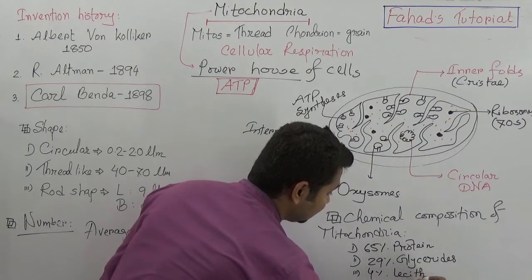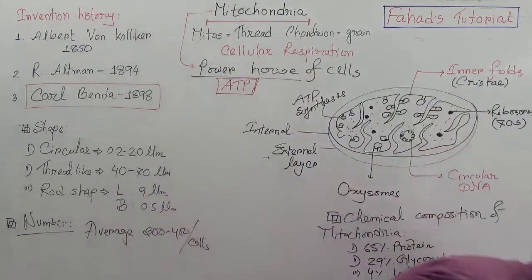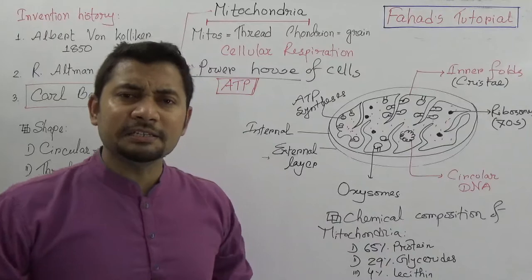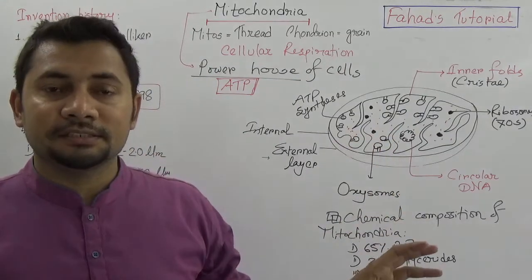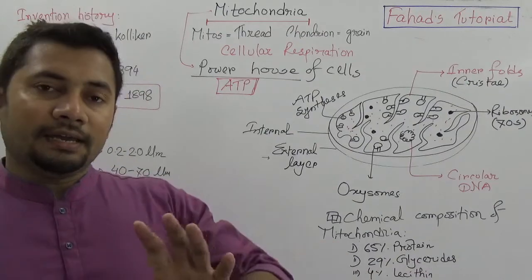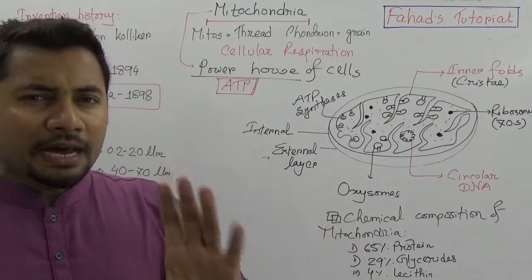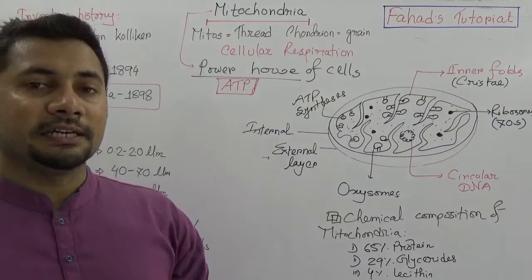Among the lipids, there are 90% phospholipids, and some RNA is also present in the mitochondria.